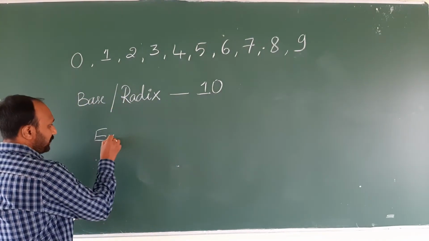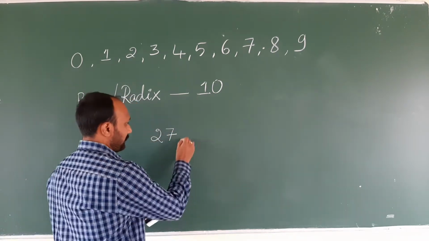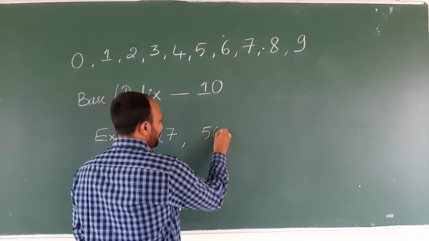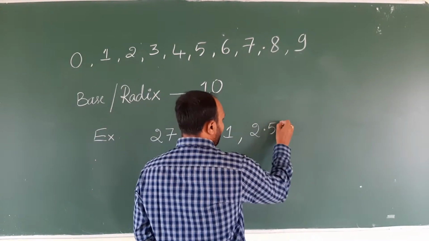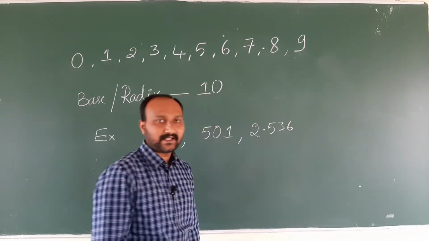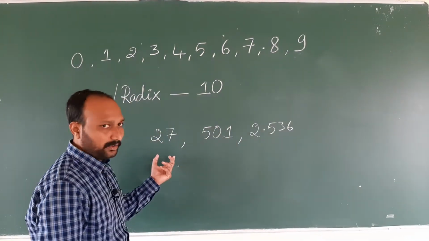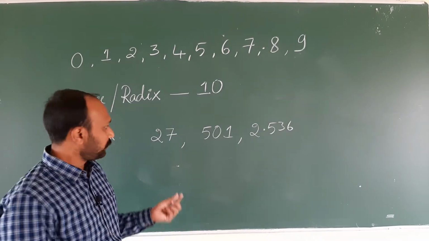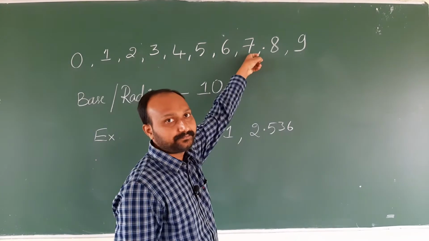Examples for decimal number system: 27 is an example, 501 is an example, and 2.536 is also an example. Here you can notice the number 27 is made out of two symbols, 2 and 7.